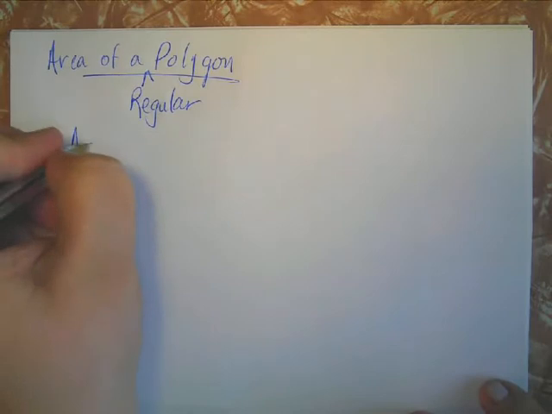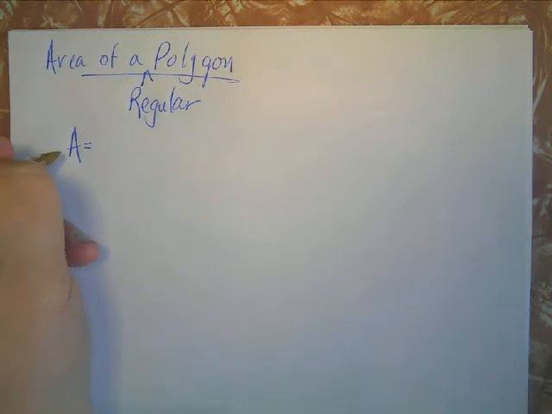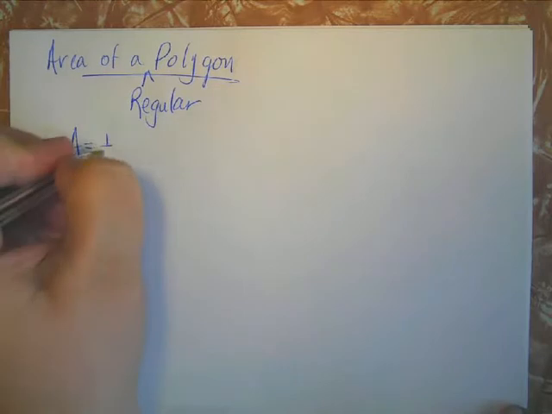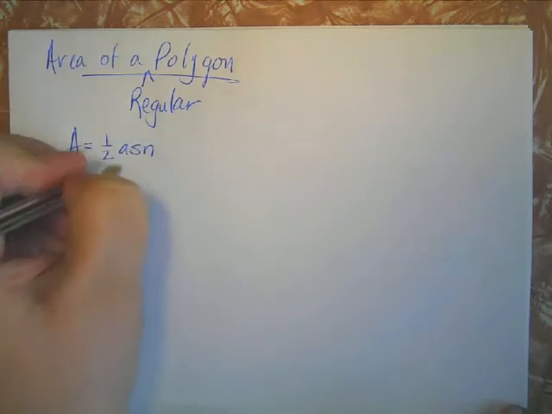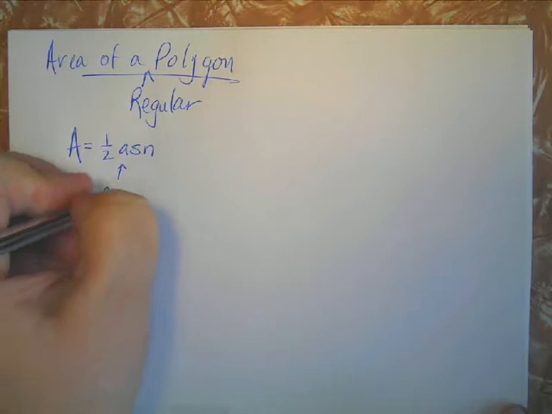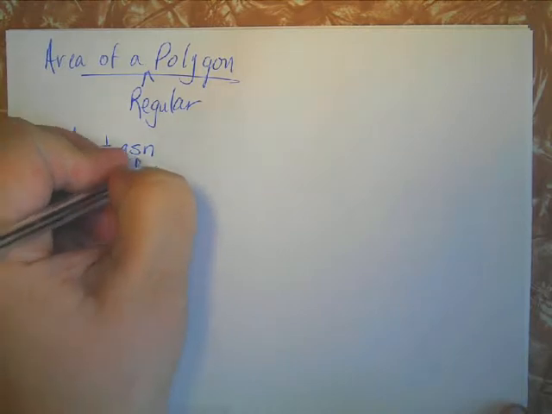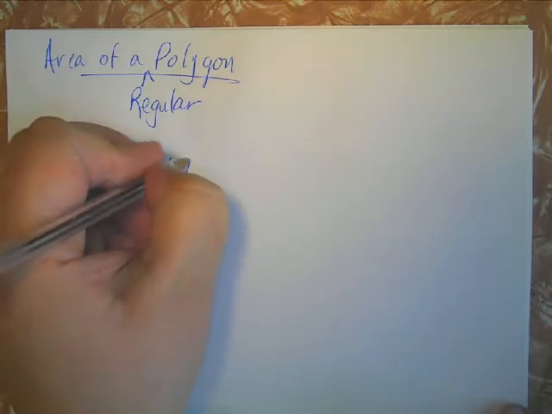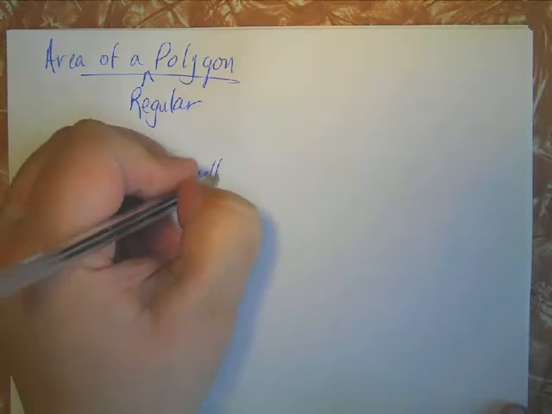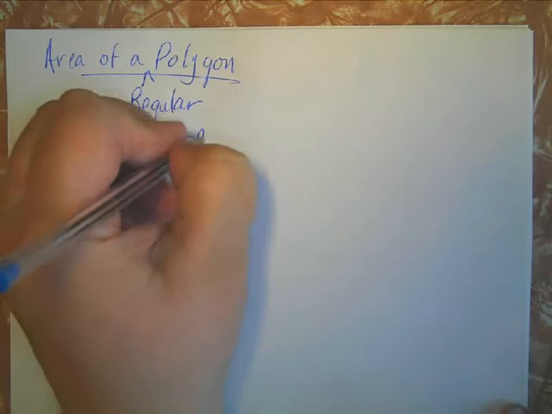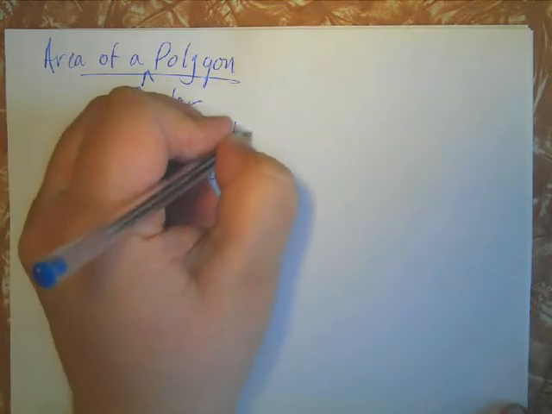We present this a little differently than the book. We say the area of a polygon is 1/2 ASN. A stands for apothem, S is side length, and N is number of sides.